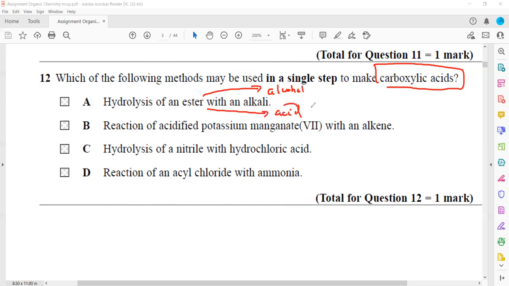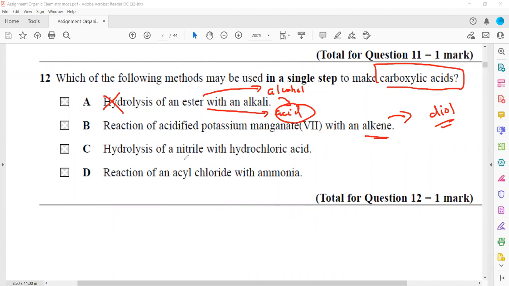But that acid which is formed here directly reacts with an alkali to form a salt. So A cannot be used. When acidified potassium manganate is reacted with alkene, it will produce diol. The product will be diol, so it won't be accurate. The second technique will produce diol.